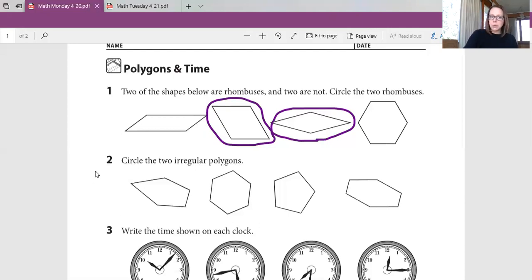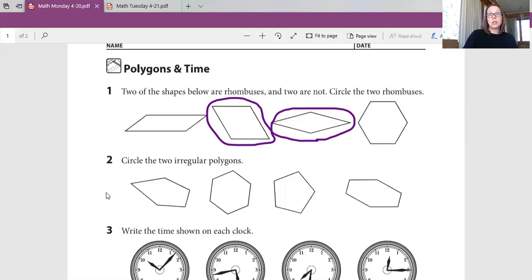All right, number two, circle the two irregular polygons. Now remember, what makes a polygon irregular is that it does not have equal sides. So two of these shapes do not have equal sides.